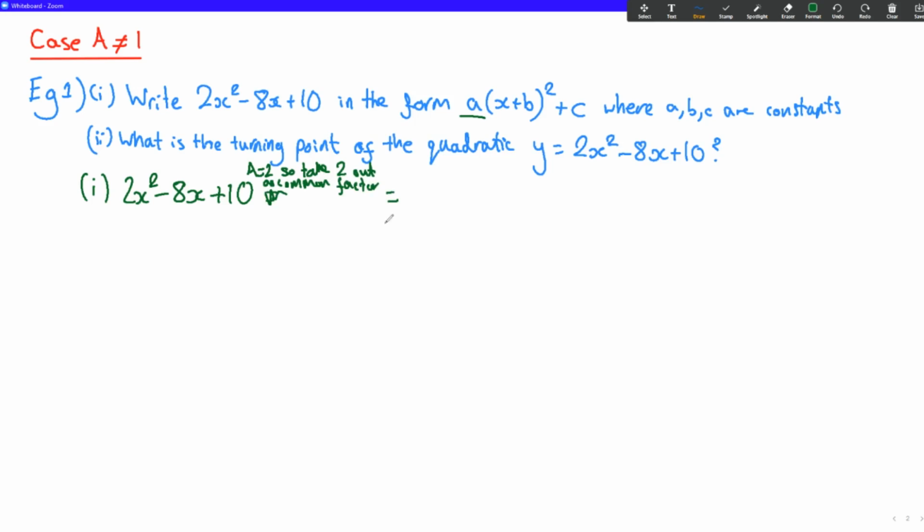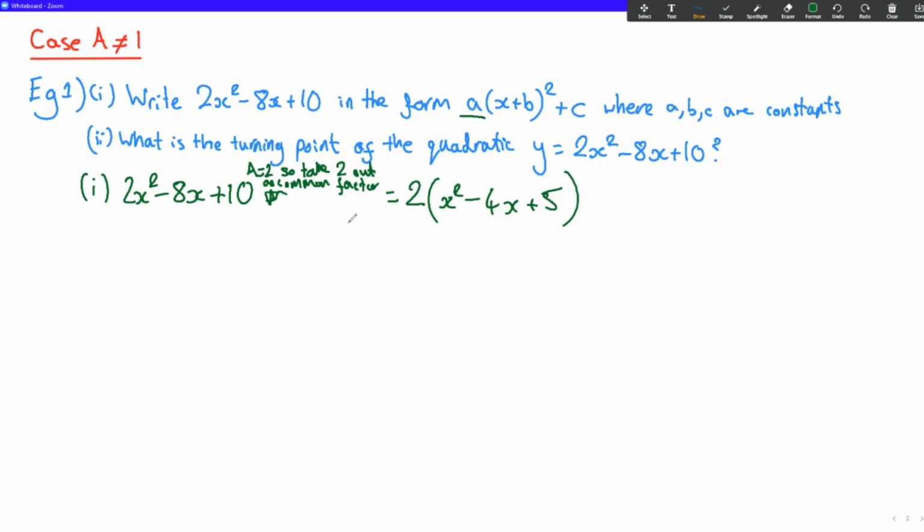So we're going to say that equals 2, and then we're going to take that out as a common factor. So we're dividing that by 2. 8 divided by 2 is 4, so we get minus 4x. We get plus 5. So we've just taken it out as a common factor.